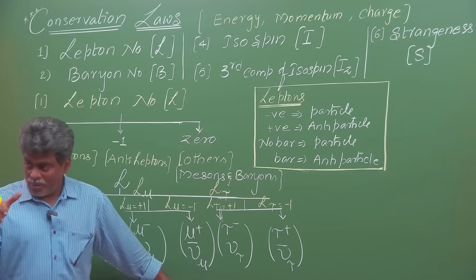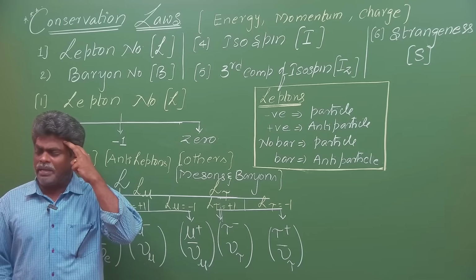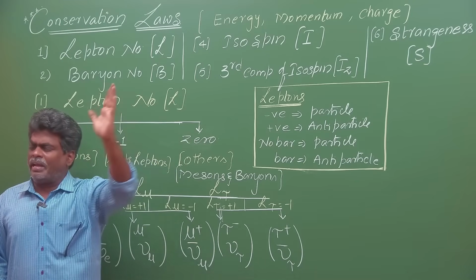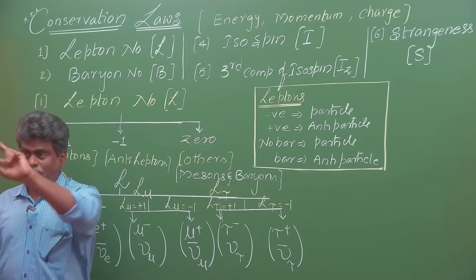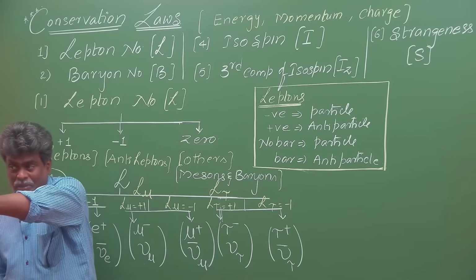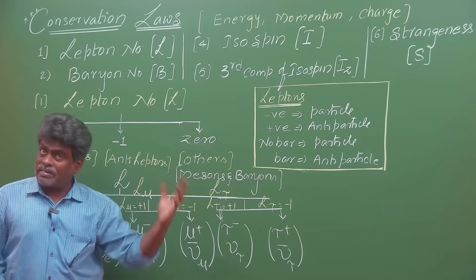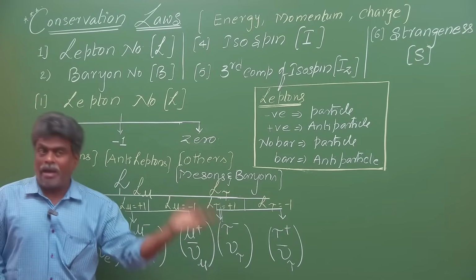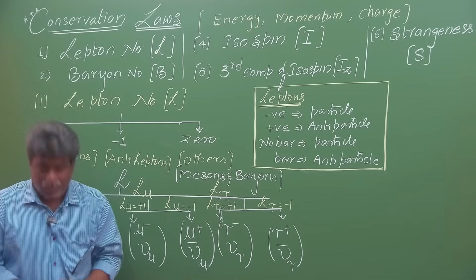One more time: how to identify leptons, particle and antiparticle? Negative sign, particle. Positive sign, antiparticle. Opposite: negative sign is there, value is +1. Positive sign is there, value is -1. Bar is there, minus. No bar, plus. If any particle other than leptons is there, 0. Ready?